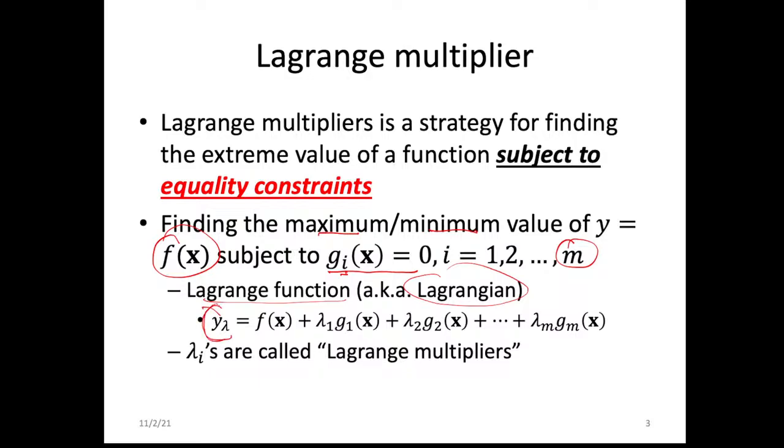This Lagrangian is f of x plus lambda 1 g1 of x plus lambda 2 g2 of x up to lambda m gm of x. So the extra terms are all these lambdas. These lambdas are called Lagrange multipliers.